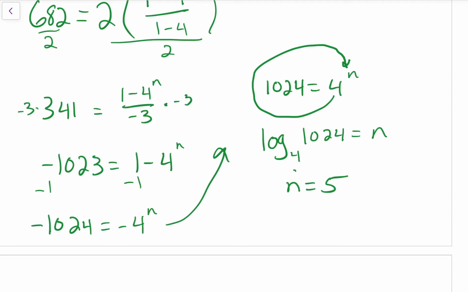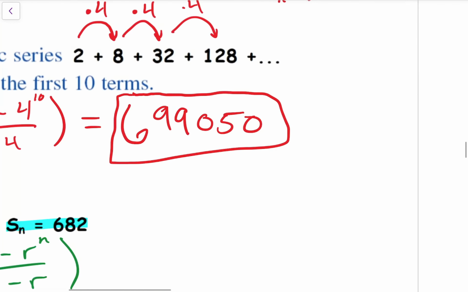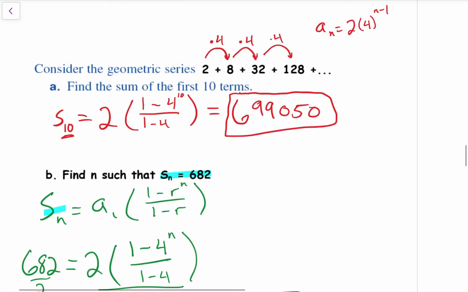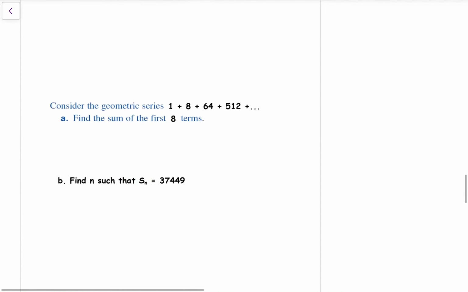So what this answer is saying is if I added the first 5 terms of that series, the total will be 682. If you wanted to find the next term, you just multiply by 4. Those 5 numbers would add up to be 682.